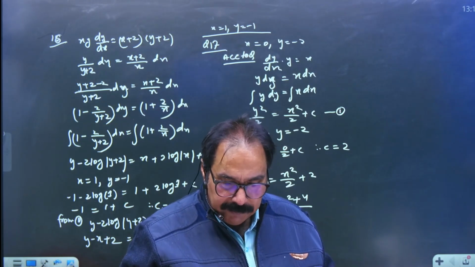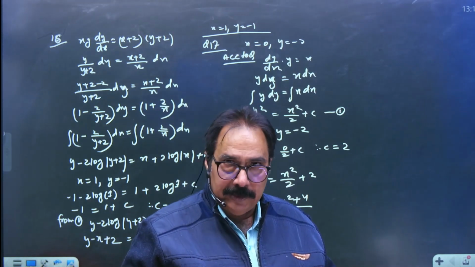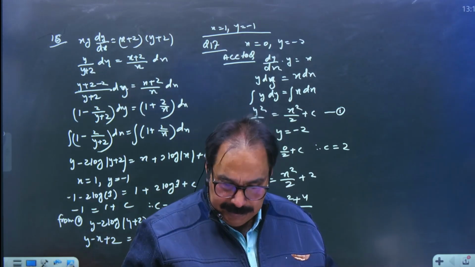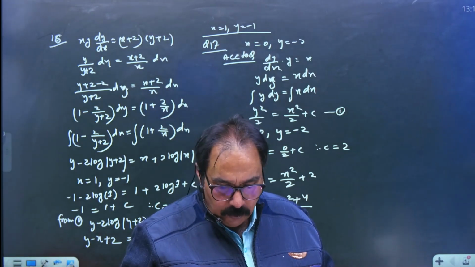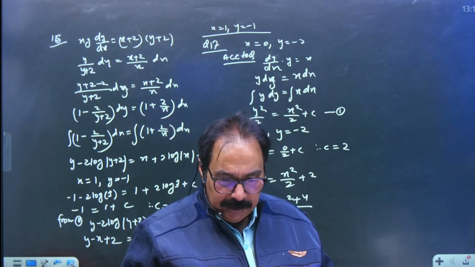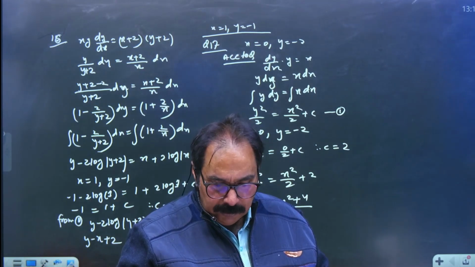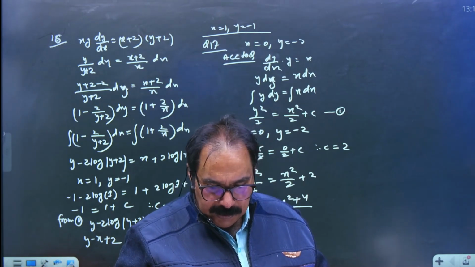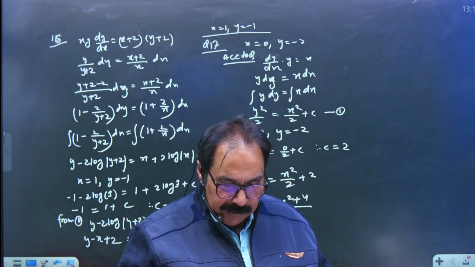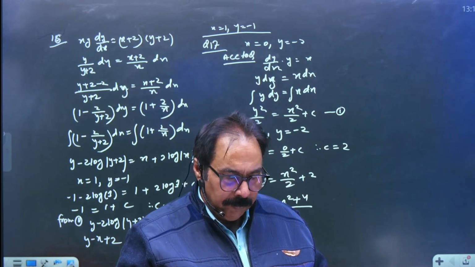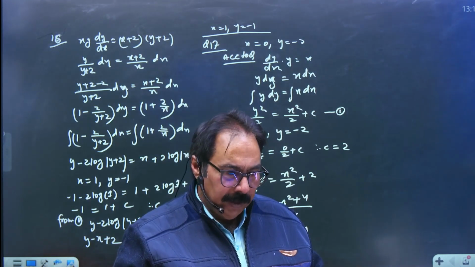At any point x, y on the curve, the slope of the tangent, means dy by dx, is twice the slope of the line segment joining the point to the point minus 4 and minus 3, and find the equation of the curve given that it passes through minus 2, minus 1, right?